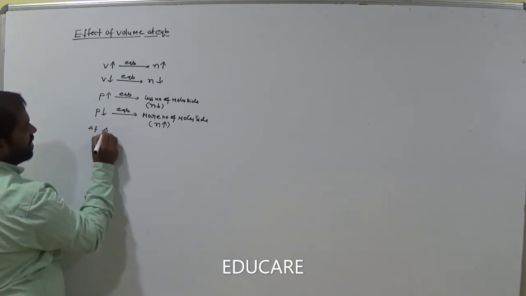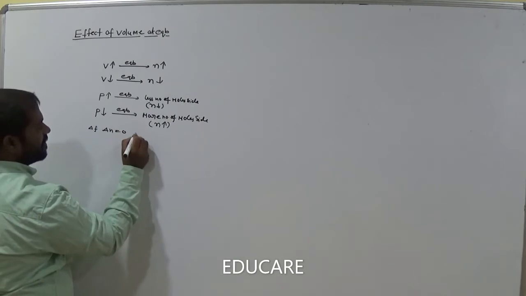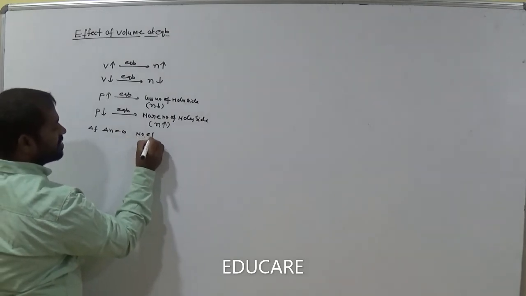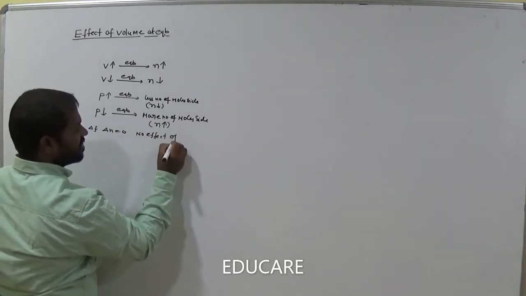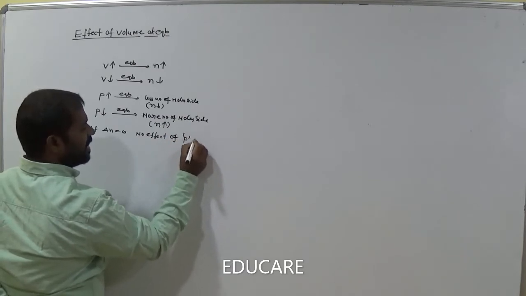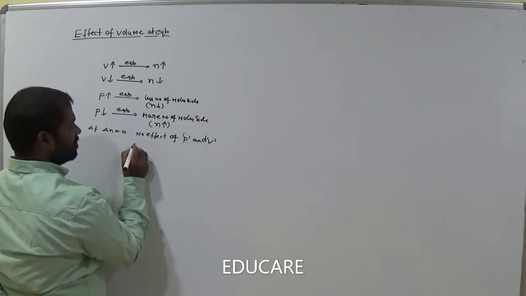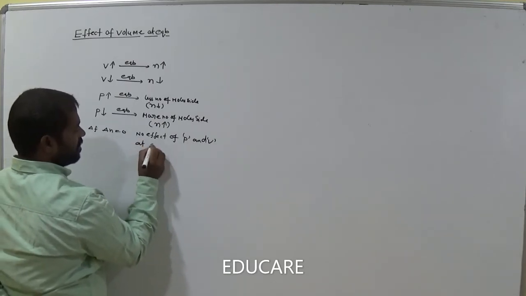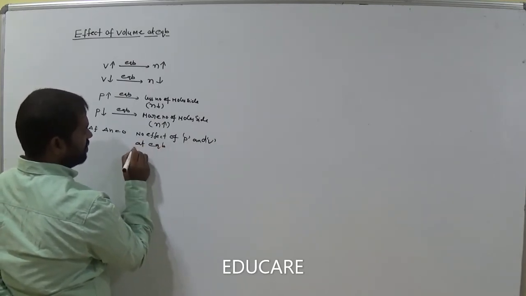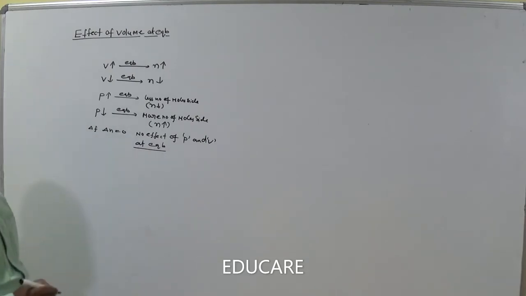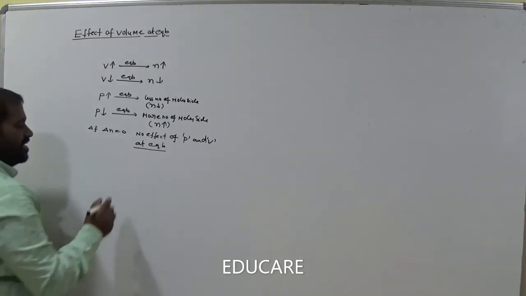If delta n equals 0, then there is no effect of pressure and volume at equilibrium. There is no effect of pressure and volume when the number of moles is equal.